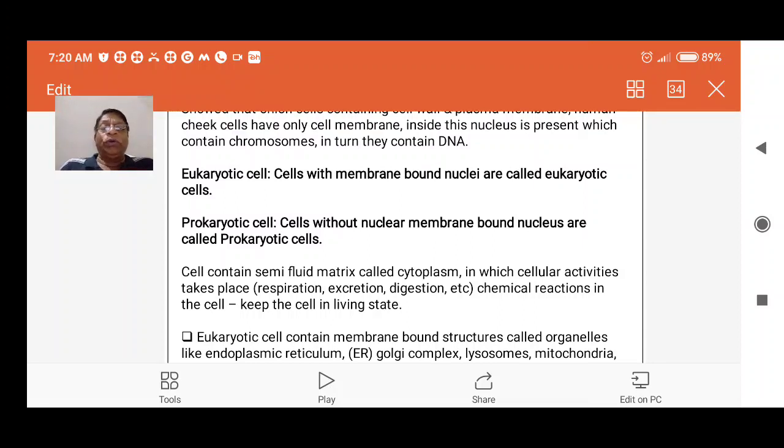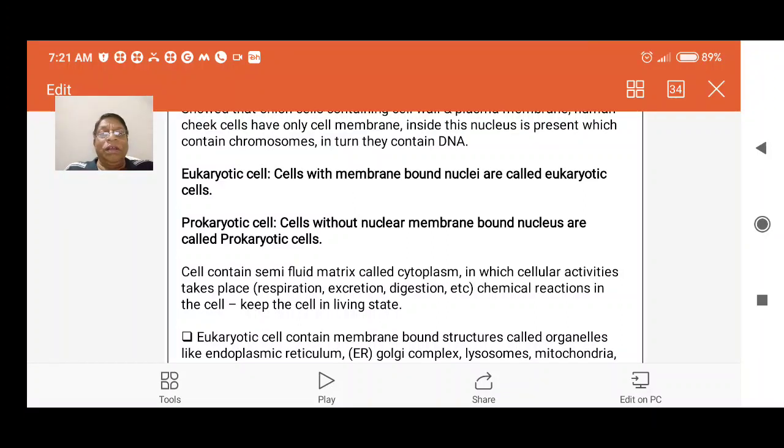Prokaryotic cell, you must know the meaning of prokaryotic cell. The cell without nuclear membrane. That is, nucleus is not covered with a membrane. Only chromatin is present.